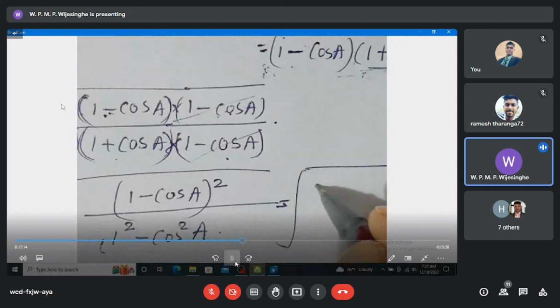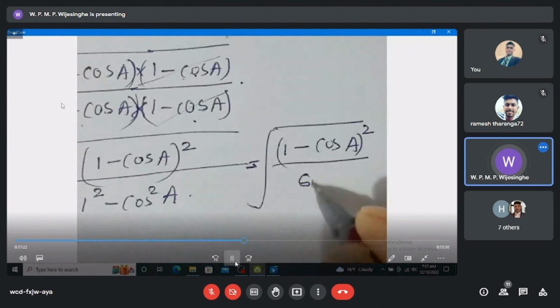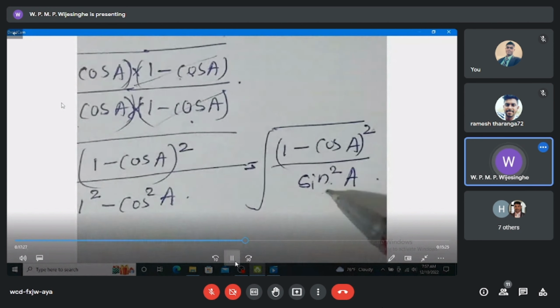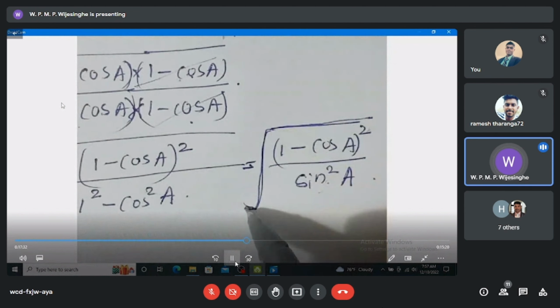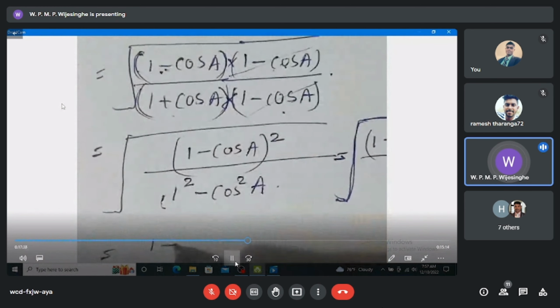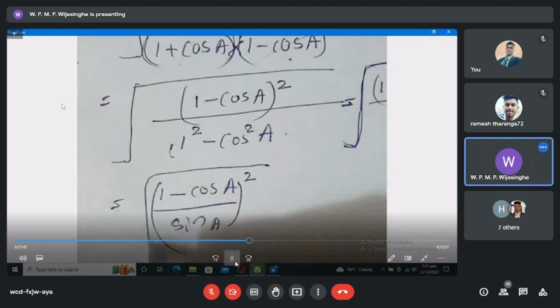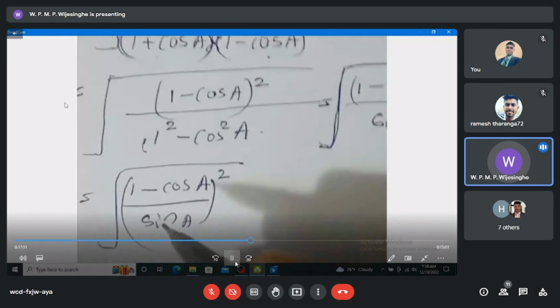Then 1 minus cos A squared divided by sin square A. Both are having square. So we can eliminate the square root because I can write here 1 minus cos A divided by sin A squared. Right? This one we can write like this.